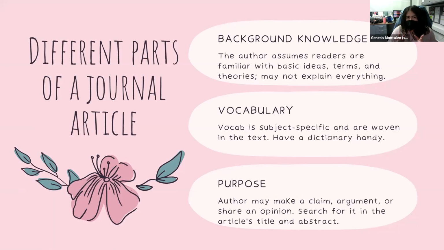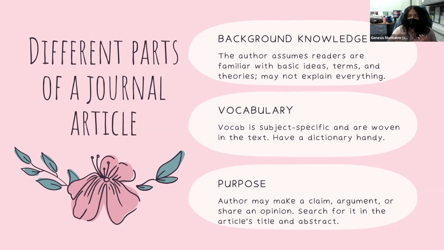So the different parts of a journal article. As I mentioned, every journal article has different parts, and it's important to understand these different areas to see how they all work together to create your reading experience. So the first is the background knowledge. In most articles, the author assumes that the readers are familiar with basic ideas, terms, and theories, and as a result, they may not explain everything.